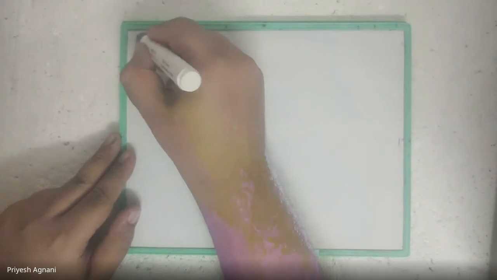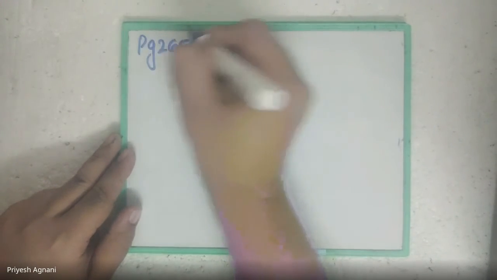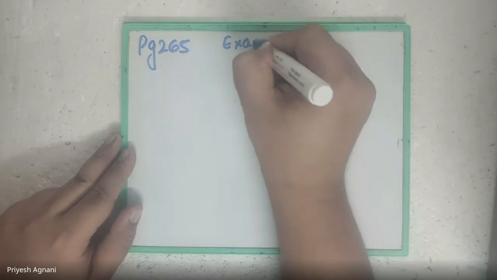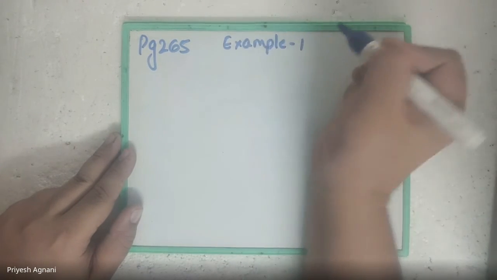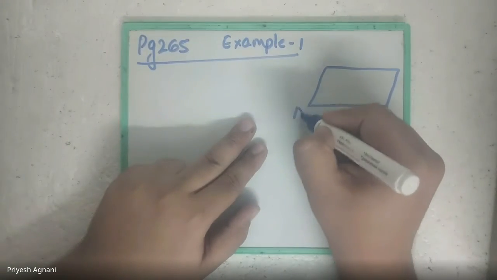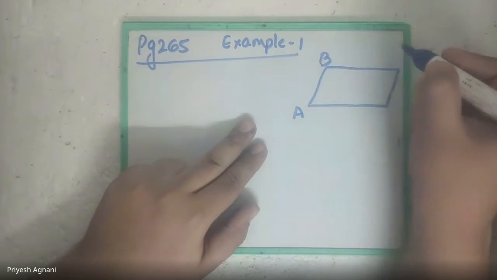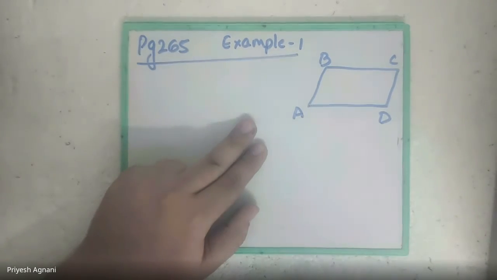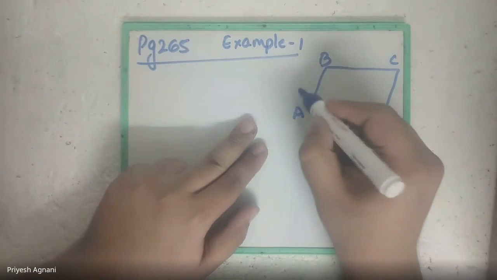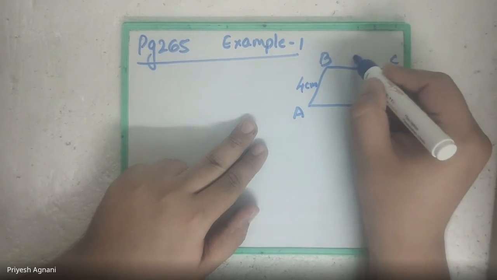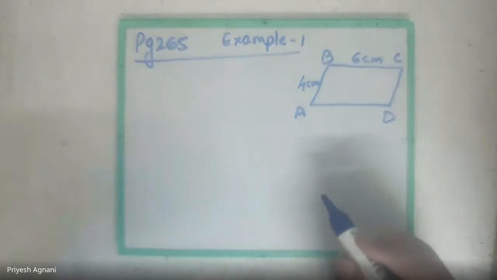Please write it down. Page number 265, example 1. आपको दिया गया है एक पैरेललोग्राम है. जस्ट पे अटेंशन. पैरेललोग्राम ABCD. In the question it says that in the parallelogram this is 4 centimeter and this is 6 centimeter.